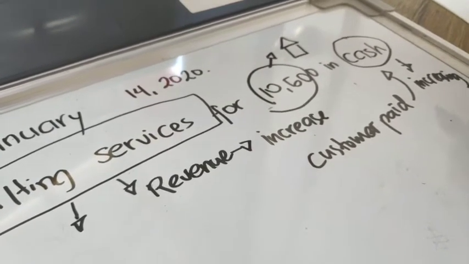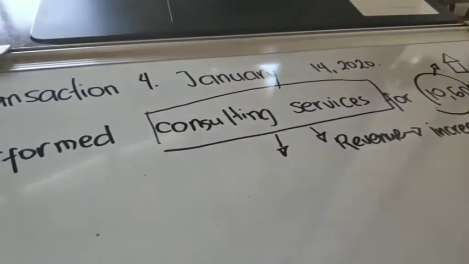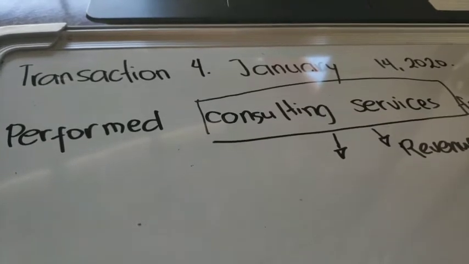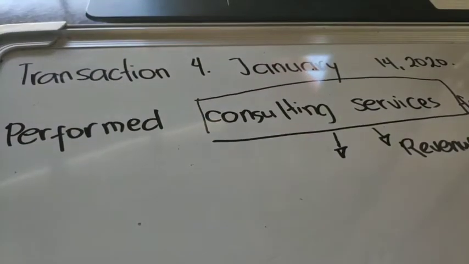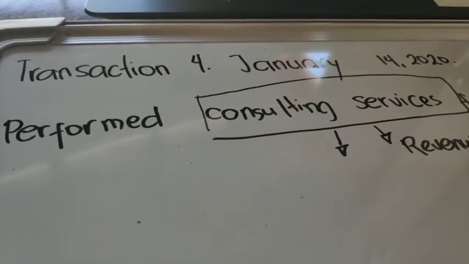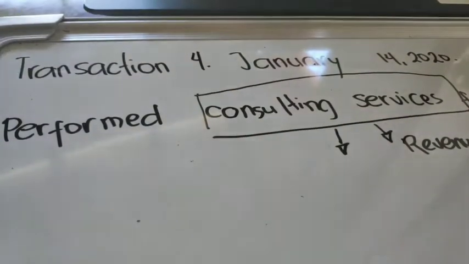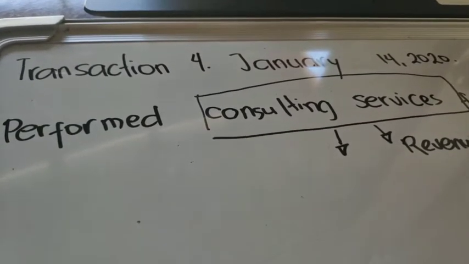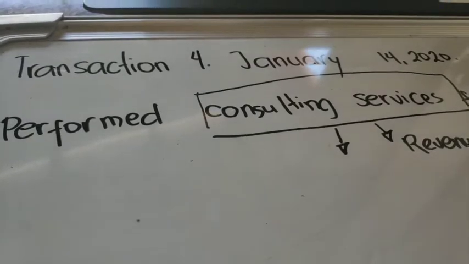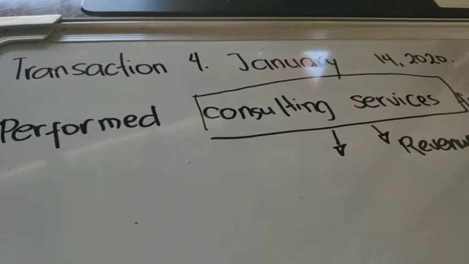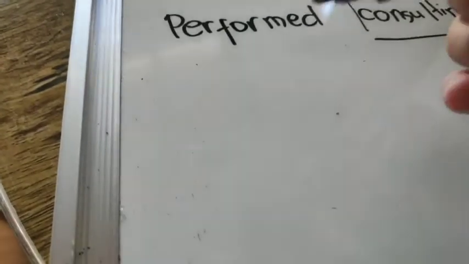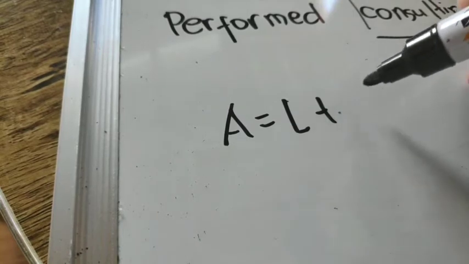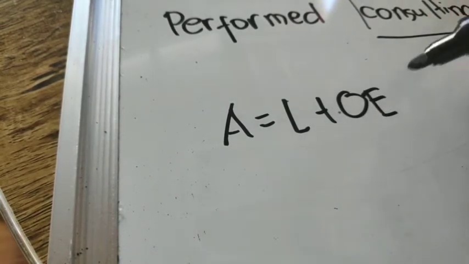In some transactions, one account title is increasing and the other is decreasing. But there are also times when, in a transaction, both of the account titles are increasing or both are decreasing. So for this transaction, we will use your accounting equation: assets equal liabilities plus owner's equity.